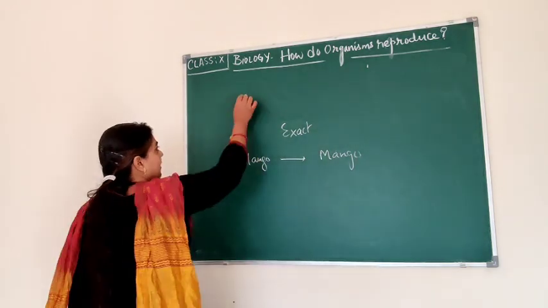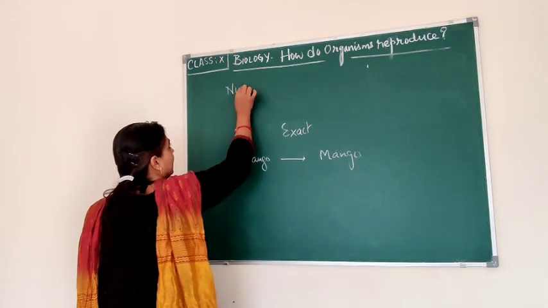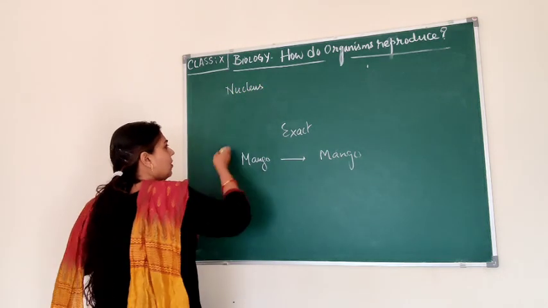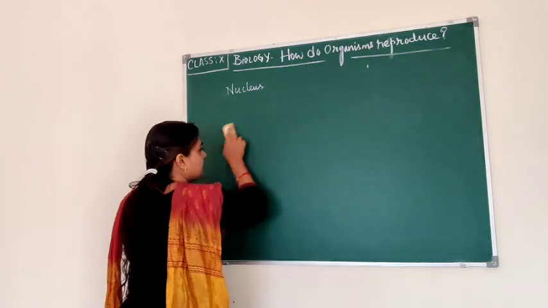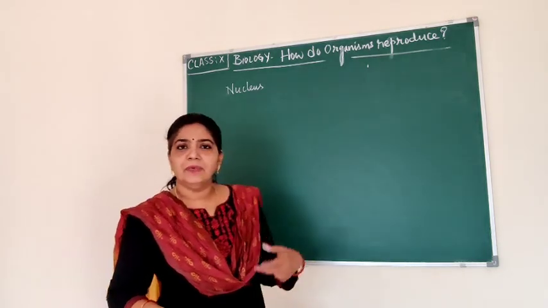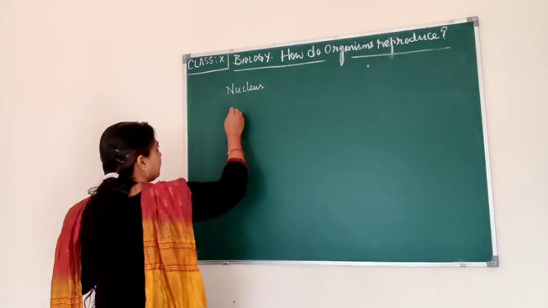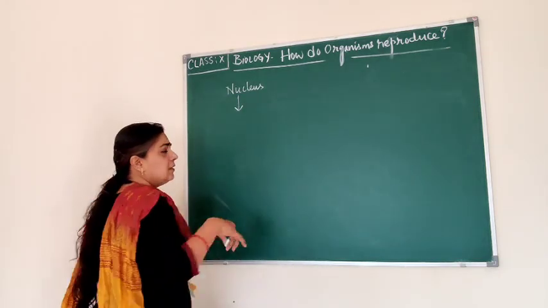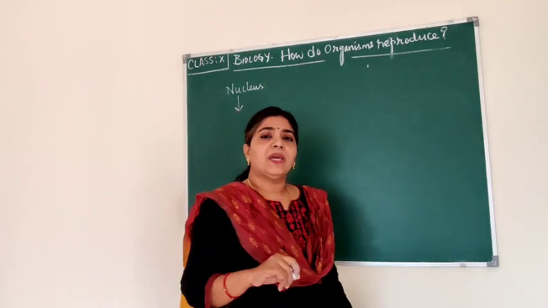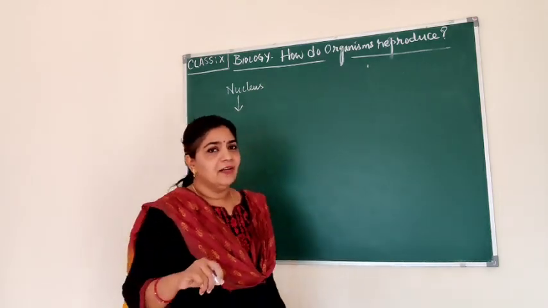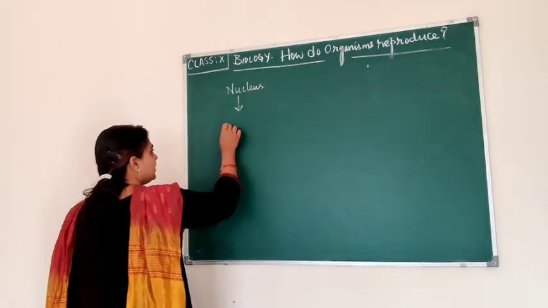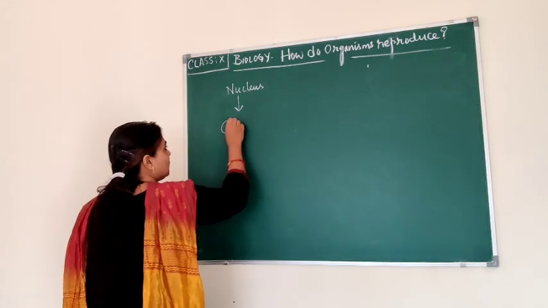So in the nucleus of the cells of higher plants and animals, which have a defined nucleus, not only in the eukaryotic cell, even in prokaryotic cells, we find the presence of what are called chromosomes.